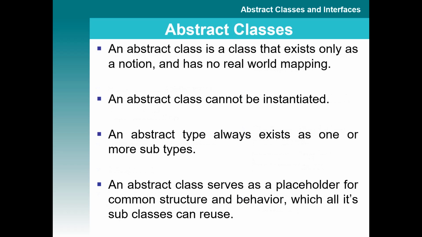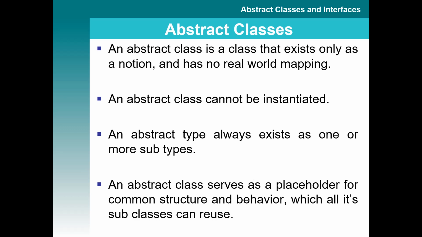Firstly, let's look at what abstract classes are. An abstract class is a class that exists only as an idea or as a concept, and in the real world, you cannot find any instances or objects of that type. Therefore, an abstract class cannot be instantiated.